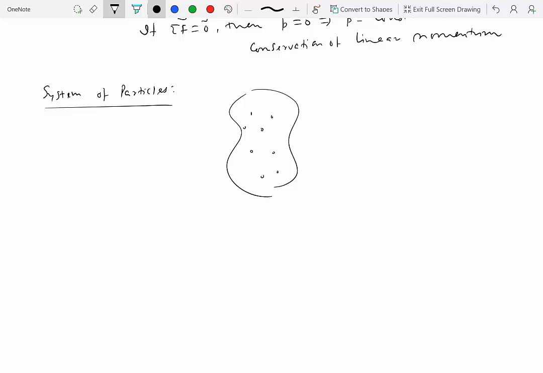On each particle Pi, let's say there is an external force acting, Fi, and then there are multiple internal forces, which we'll write as Fij. Fi1 would be the force on Pi from particle 1, Fi2 would be the force on particle Pi from particle 2, and so on. But Fi is the sum total of all the external forces acting on an individual particle.